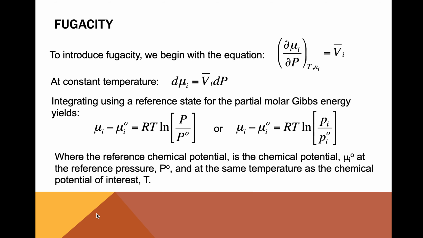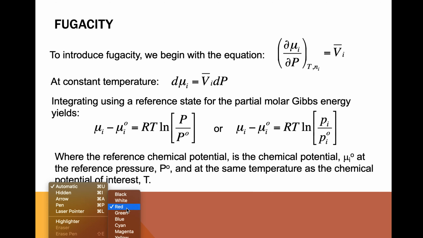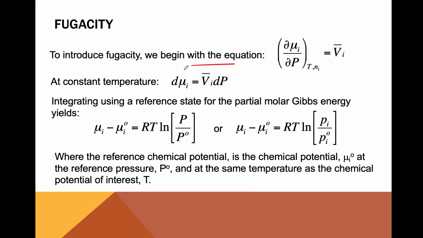So at constant temperature we get this one from this, and by integrating using a reference state for the partial molar Gibbs energy, it yields this equation and this equation, whereby the reference chemical potential is the chemical potential at the reference pressure and at the same temperature as the chemical potential of interest.